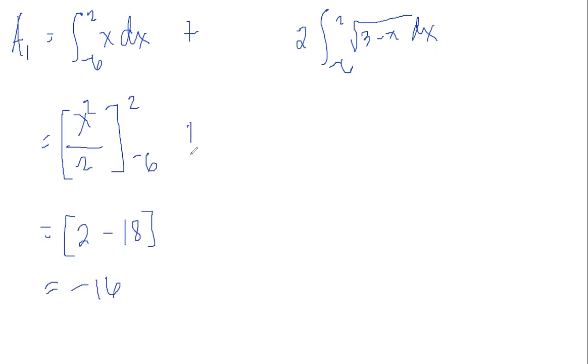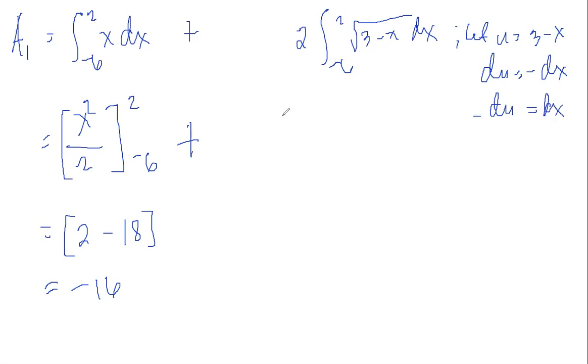And let's integrate the second term here. We can use the substitution method here. We let u be equal to 3 minus x, so we're using integration by substitution. So du is equal to negative dx, and negative du is equal to dx, right?